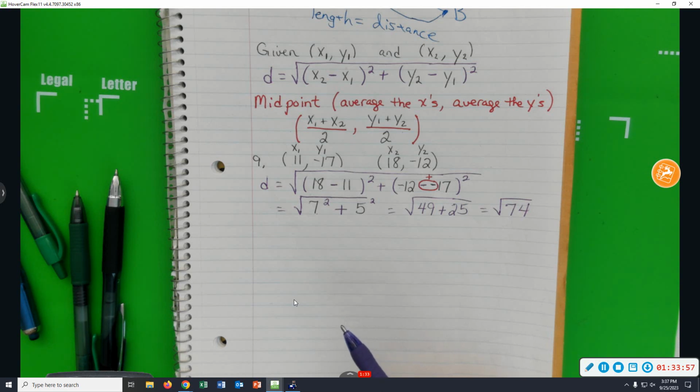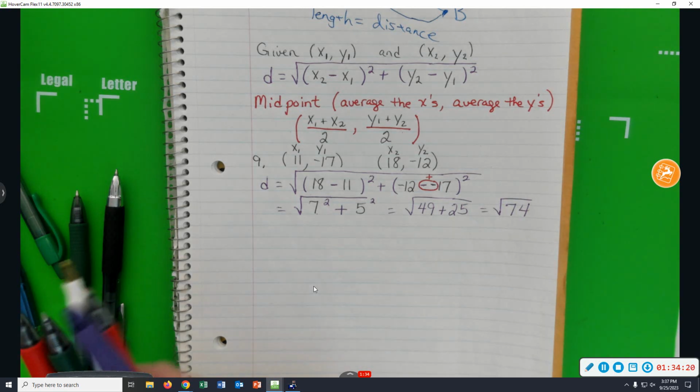The square root of 74 cannot be reduced. There are some calculators where if I punch in square root of 50, it'll say 5 square root of 2. Oh, that's a nice calculator there.